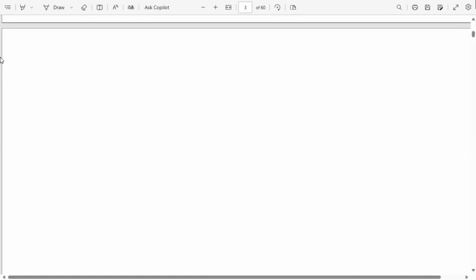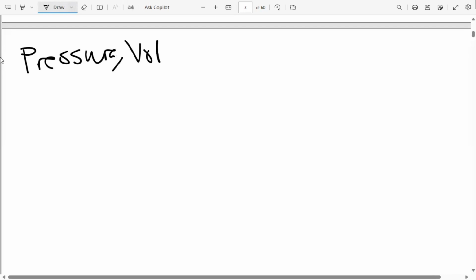And this equation is described by the relationship between the pressure of that particular gas, the volume of that particular gas, and the temperature of that particular gas.